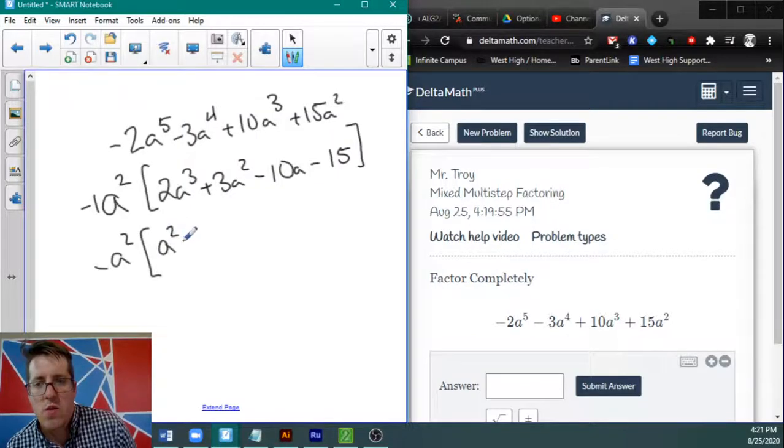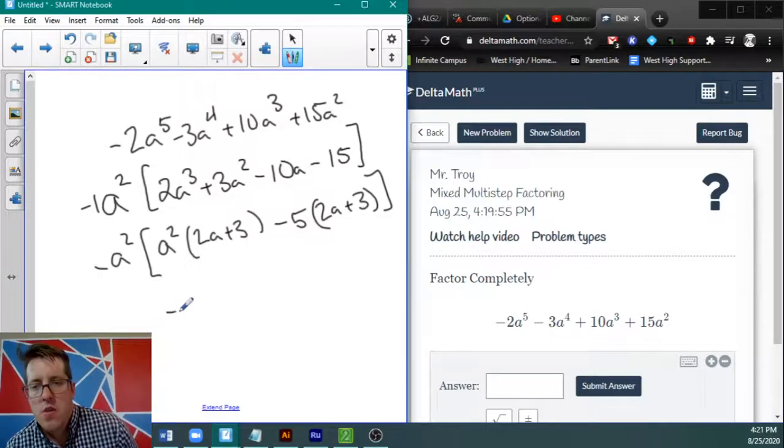That's a squared times 2a plus 3. And then to make the second part 2a plus 3, I need that to be minus 5, so that when I distribute it in, I get that negative 10. So this is going to be negative a squared times a squared minus 5 times 2a plus 3.